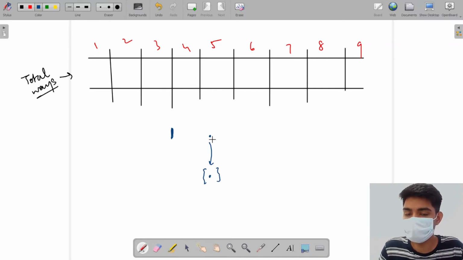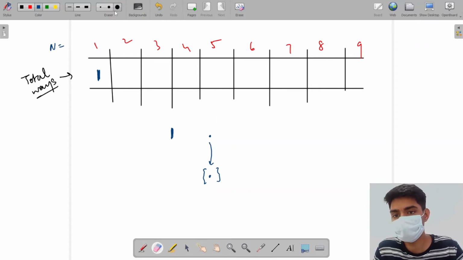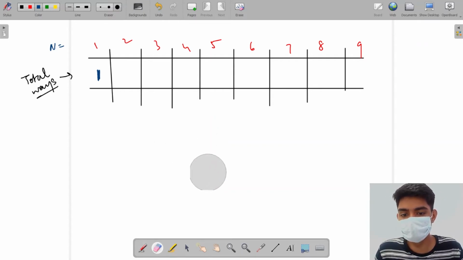If there is just one person, he cannot pair up with someone. So if my n is equal to 1, the total number of ways is going to be 1. I hope you understand this part.